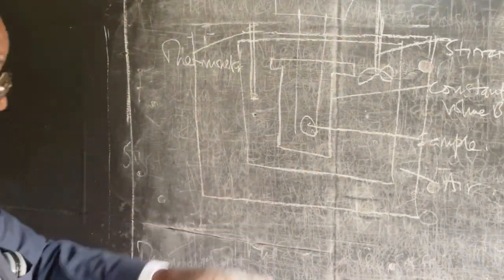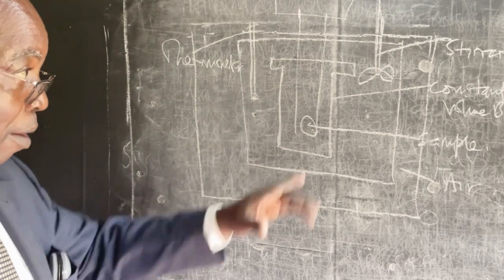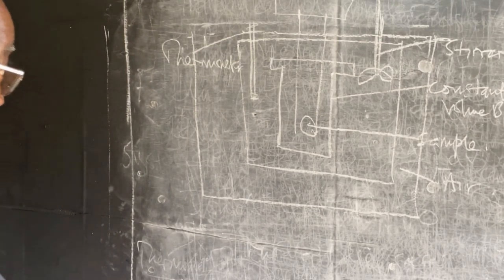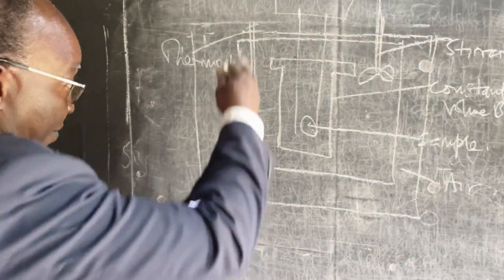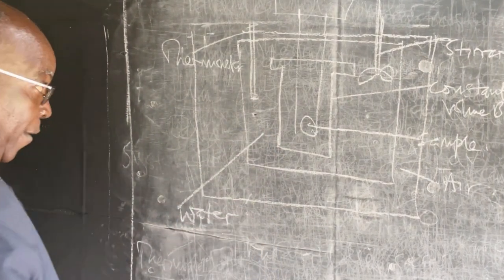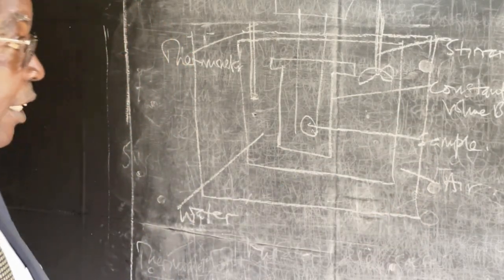We have the sample holder where we have the sample. We have the constant volume bomb, where the volume will not change as a result of heat. And we have the thermometer, which we will use to measure the temperature changes. We have water here. This jacket is a water jacket. And of course, we have air or vacuum in that section there.